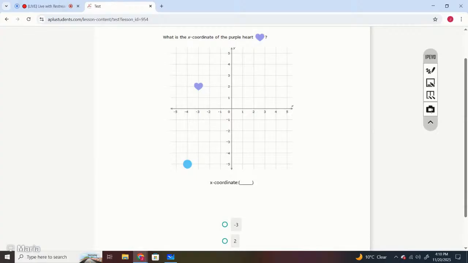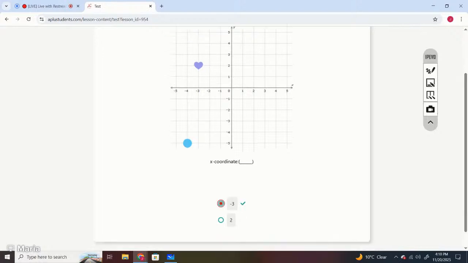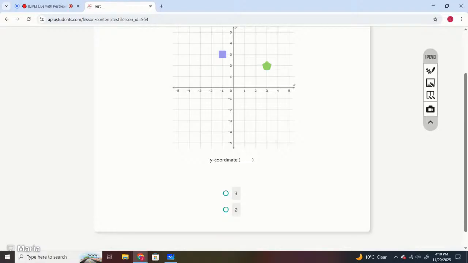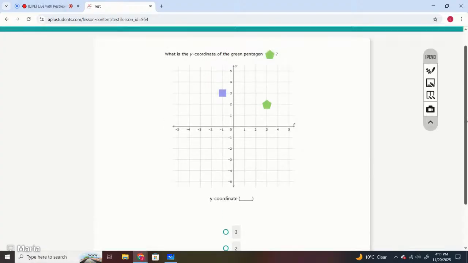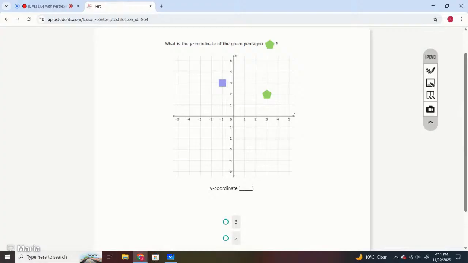So that is -3. What is the y coordinate of the pentagon? Green pentagon. So which is the correct option?